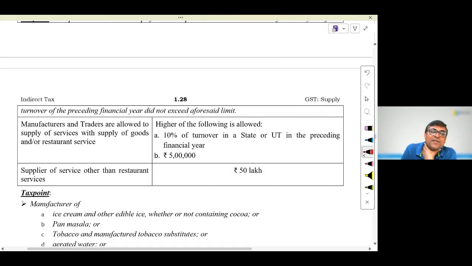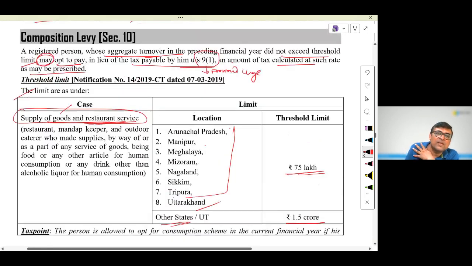If you are a manufacturer and trader, and you are also supplying certain services, ideally the scheme is for goods, it is not for services. Only the service covered here is restaurant services.